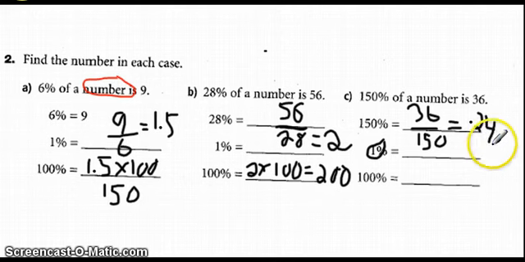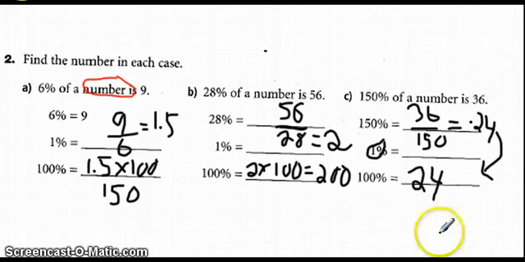And then, of course, to get our 100% of a number, we multiply it by 100. Okay? And that's the same as moving the decimal 2 places to the right. So we actually just end up with 24. Okay? So our mystery number in that case is 24.